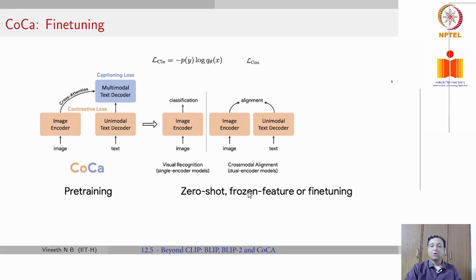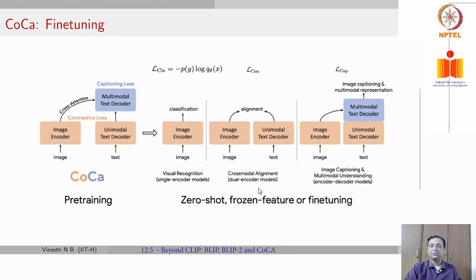It can be used for a cross-modal alignment kind of a task. So in this particular case, it was just an image encoder which is used for image classification. They show now that you could just use these two trained components and align the text and images, and that is trained using a contrastive loss. And they also show that you could put all of them together and then train using the captioning loss. Right? So you can serve multiple purposes through the same approach.